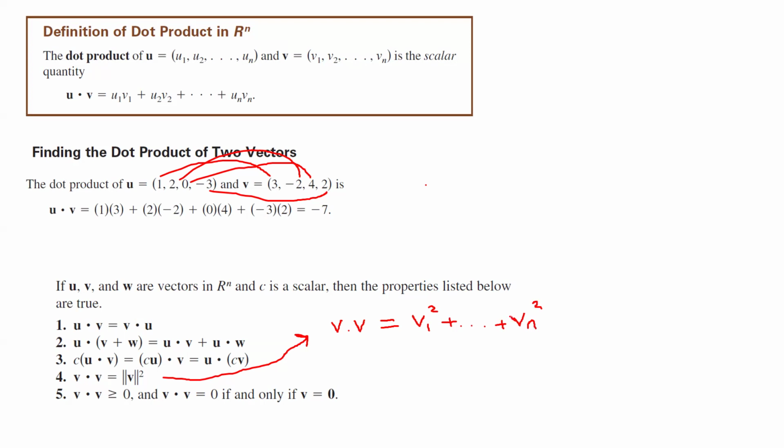So if I ask you to find the magnitude of v, you're going to take the square root of each one of these components to the second power. So this is v1 to the second, v2 to the second, v3 to the second, plus finally vn to the second.